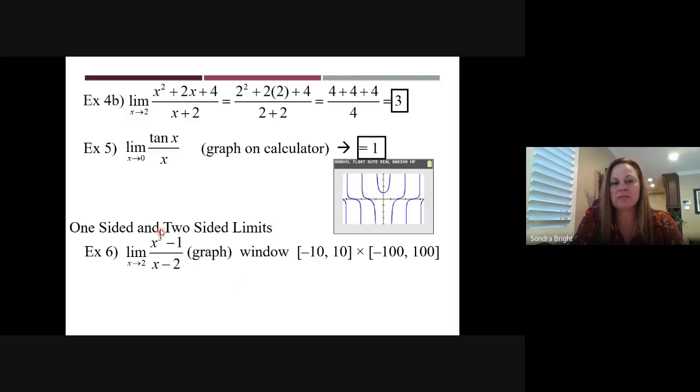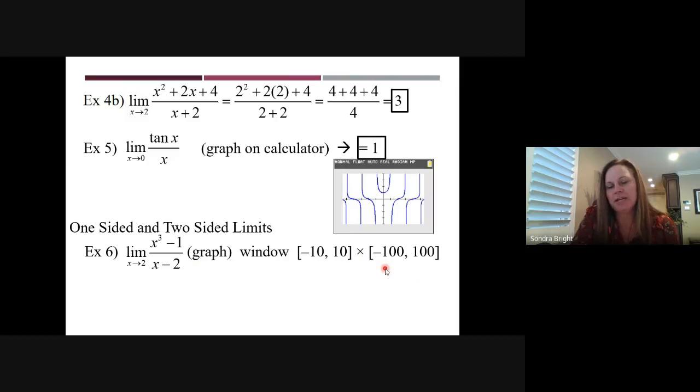Once you put in the y equals, you'll hit window, and -10 is your x min, +10 is your x max. X scale, I would just leave it as 1. And then y min, -100, y max, +100. Y scale, you could leave it at 1. The x scale says how far apart the little tick marks are.